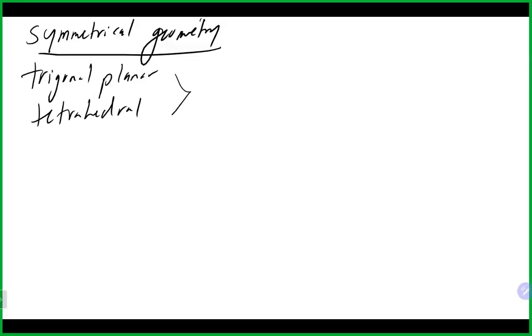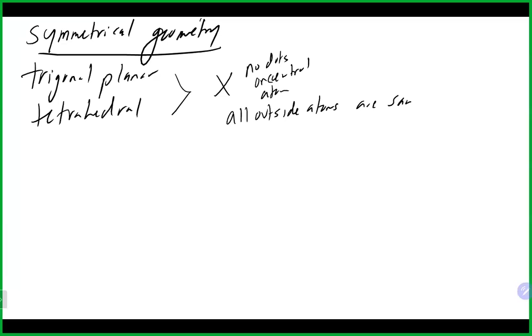And what these geometries have in common is if you draw the Lewis structure, there's no dots on the central atom. And if you have no dots on the central atom and all the outside atoms are the same element, it will lead you to a nonpolar molecule.